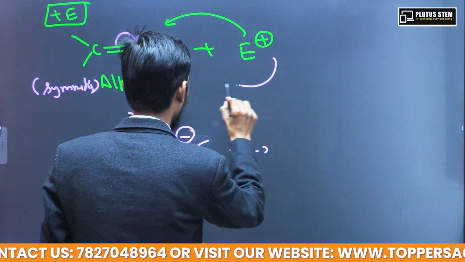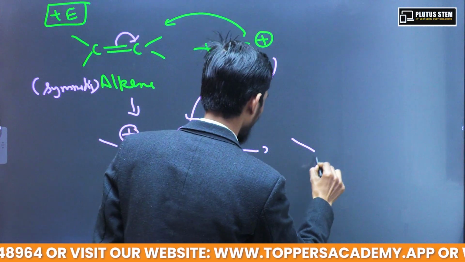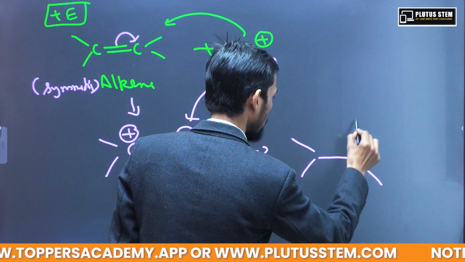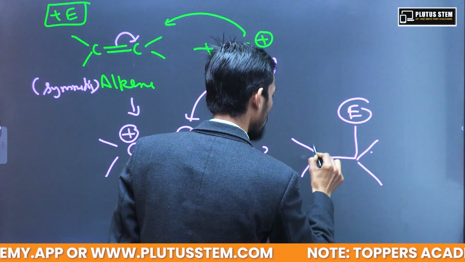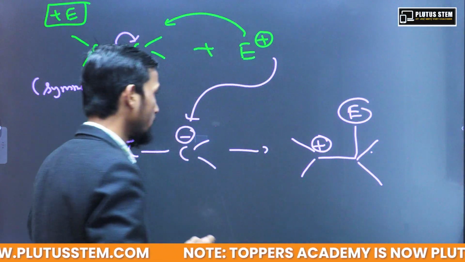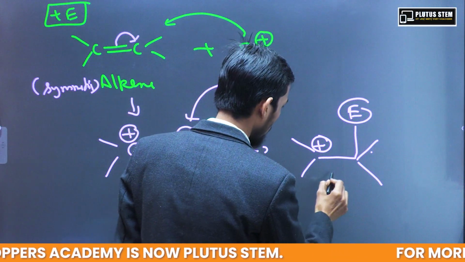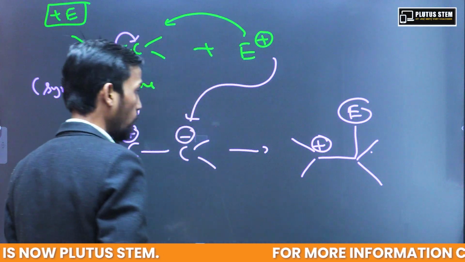After that, the electrophile will attack over here. A positive charge is generated, which means the formation of a carbocation.